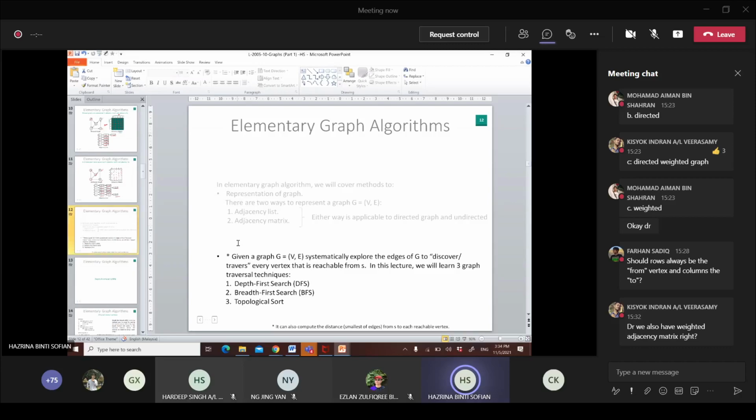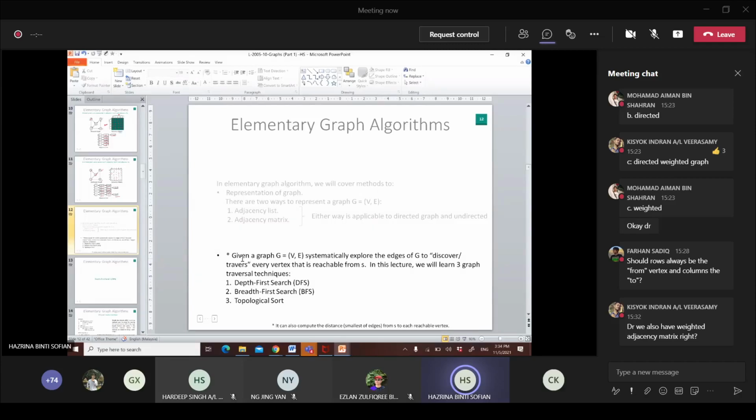Okay, now we have completed the list and matrix. Now we're going to dive into the systematics. We call this traversal. Remember when we were doing BST, we wanted to traverse, which is to visit every node. So even for graph, we do have algorithms to do the traversal.